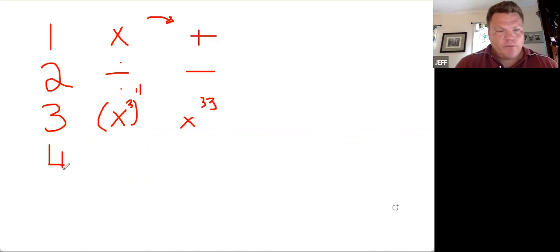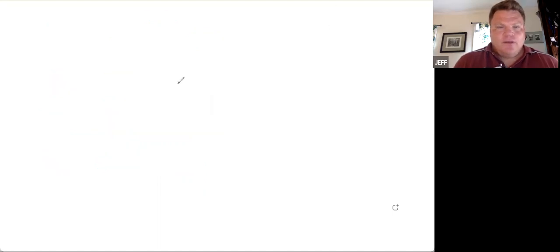Rule number 4, anything to the 0 power is a 1. And now we're going to do 5th and 6th real quick. Negative exponents.